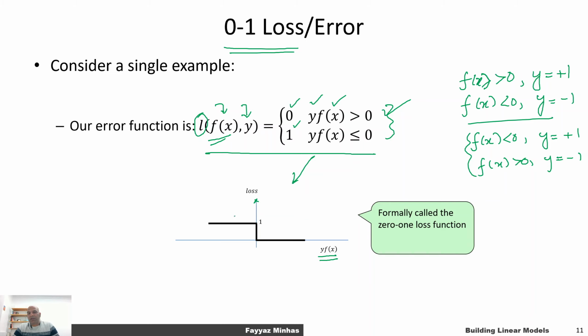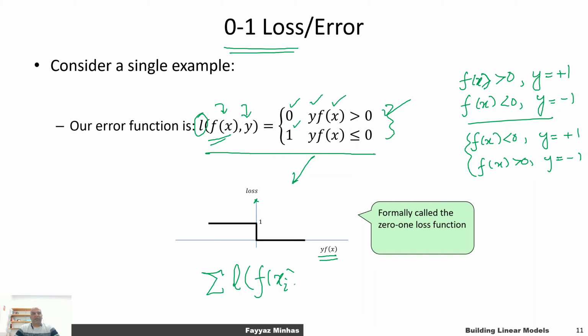Now if you're given a bunch of examples, then for a given line or a given discriminant function, you can apply this loss function and determine how many examples are in error. And that would simply be a summation of the loss function values for all examples in your training set.